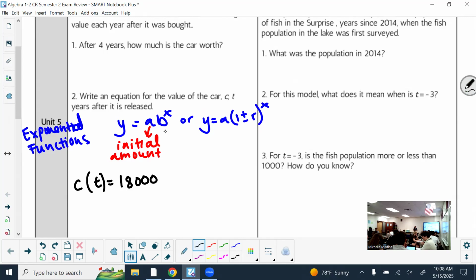So my question was, what is going to work in an exponential function? B stands for what? And what do we do with factors?